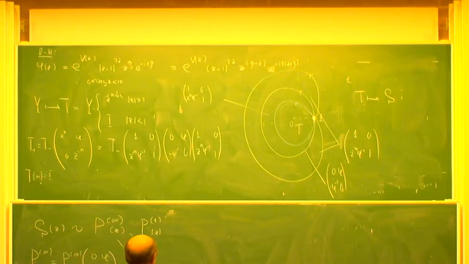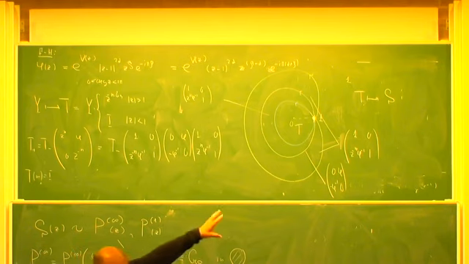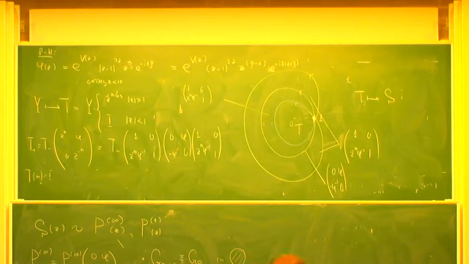And what would I demand from this local parametrix? First of all, its jump matrix should coincide with the jump matrix of S in this small neighborhood. So I want this parametrix to reproduce exactly the jumps in the small neighborhood.